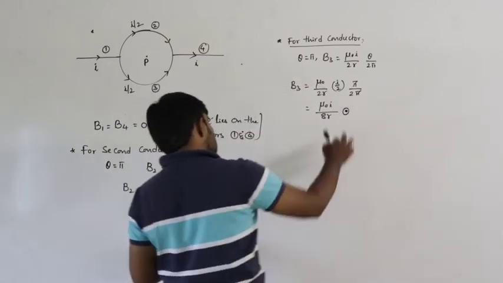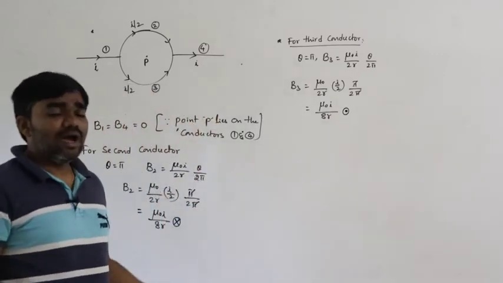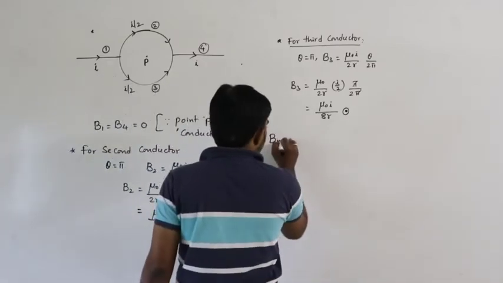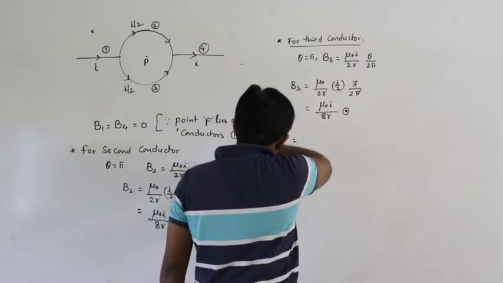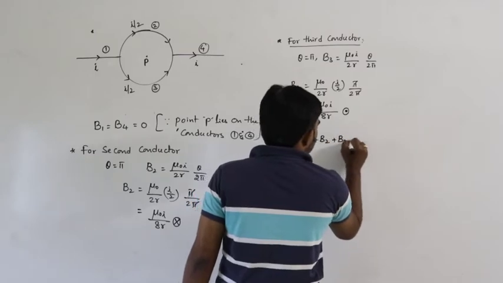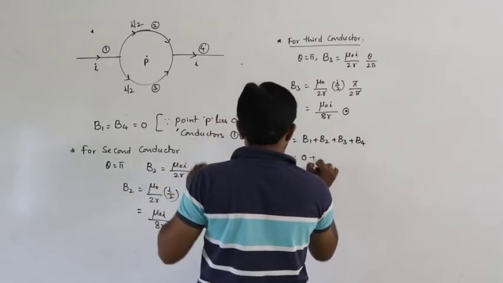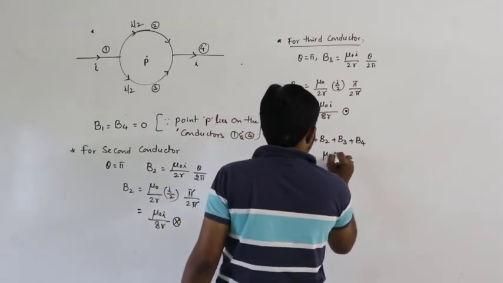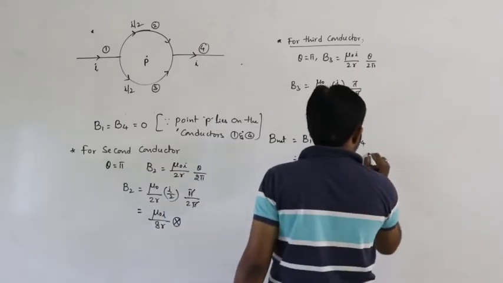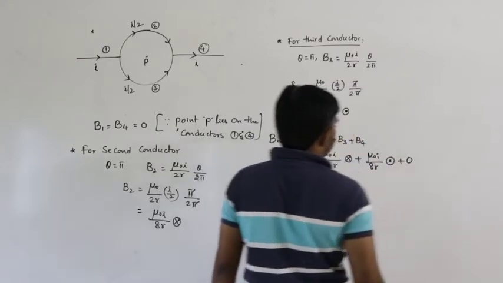One is inwards, one is outwards, both having equal magnitude. That means if one is considered positive, the other is considered negative. Therefore the net magnetic field B net is B1 plus B2 plus B3 plus B4. B1 is 0, B2 is mu naught I by 8R inwards, plus B3 mu naught I by 8R outwards, plus B4 is 0.